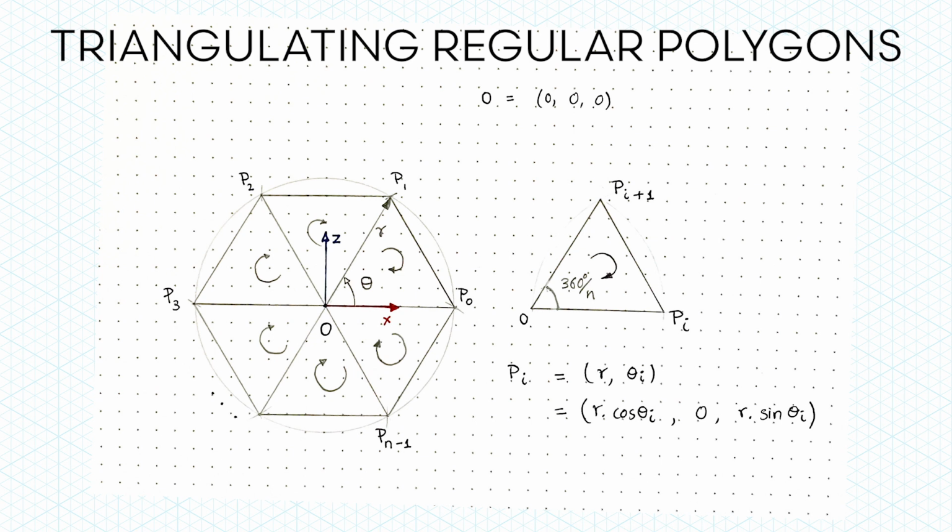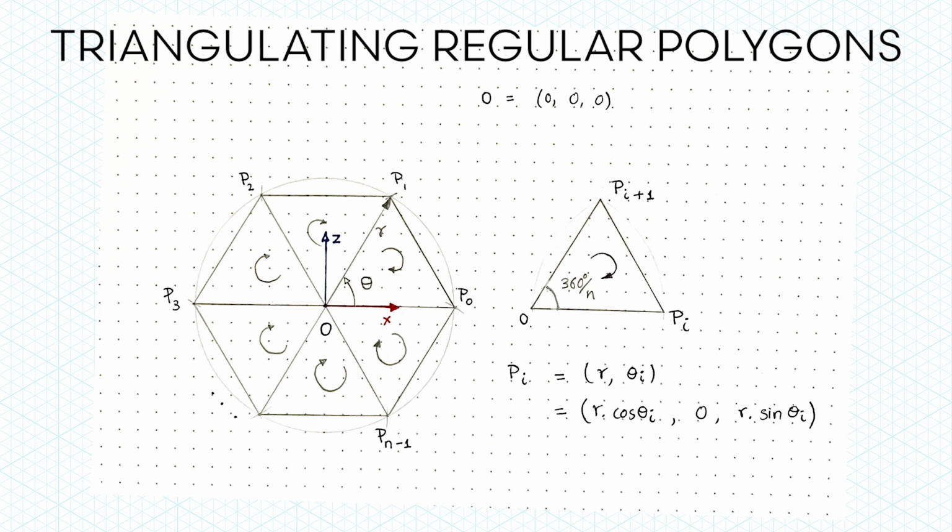In order to help with the construction of this polygon, we can label our points from 0 to n-1, where n is the side count of the polygon, in this case from 0 to 6. So O is the origin, and P0, P1, P2, P3, and so on are the ring vertices.